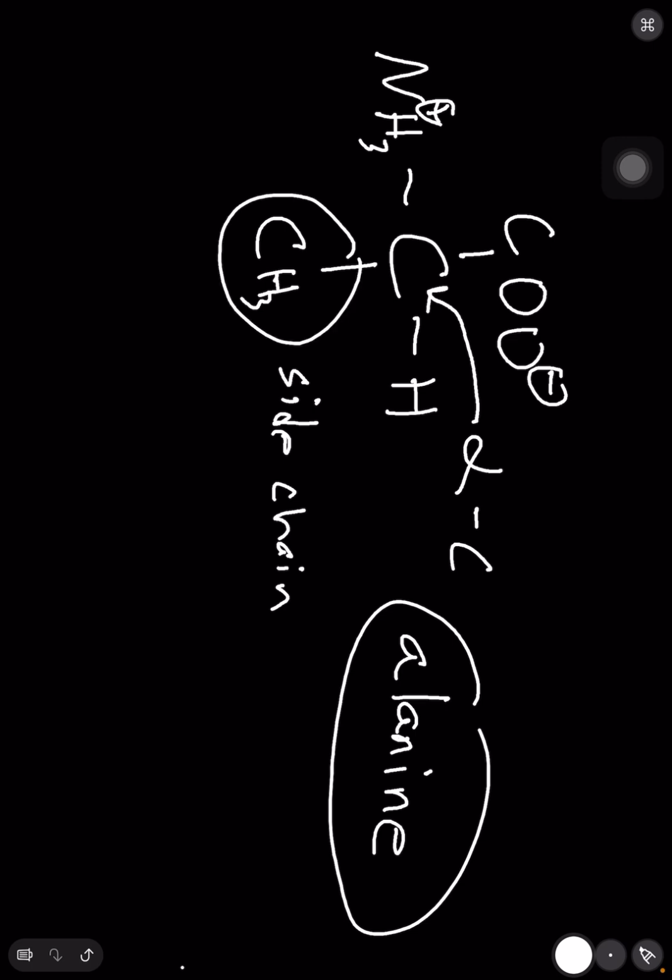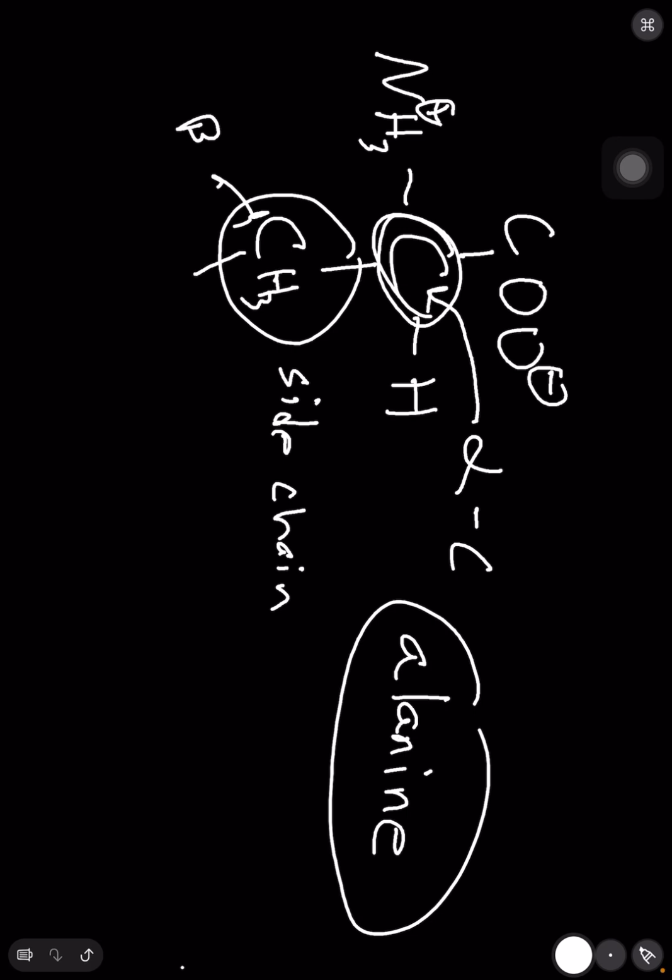Okay? Depending on how long the side chain is, you can give other carbons in the side chain letter designations, right? So this one right here is the alpha carbon, this one is the beta. If we were to put another one, it would be gamma. Sorry, my mistake.